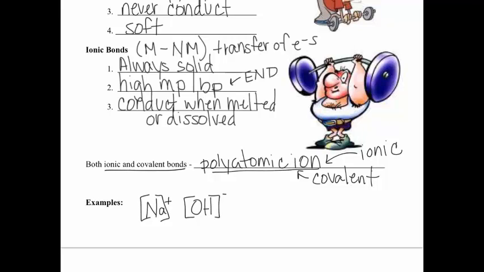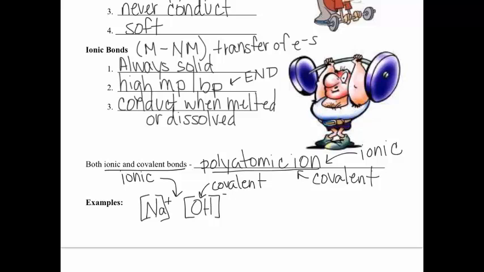Since within this polyatomic ion we have two nonmetals, the bond between them is covalent. But the attraction between the sodium ion and the polyatomic ion hydroxide is ionic. So within this, it's covalent, and then between the two, it's ionic.